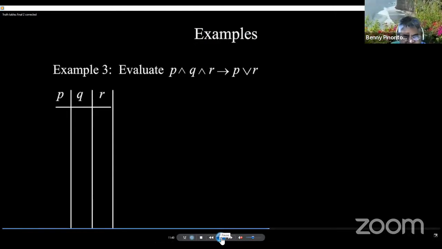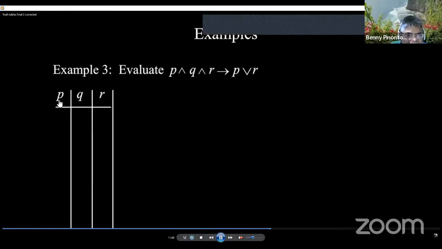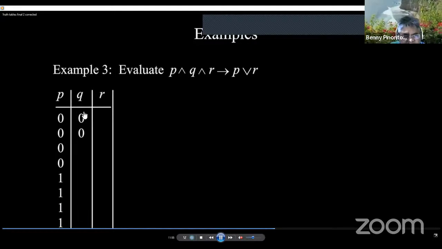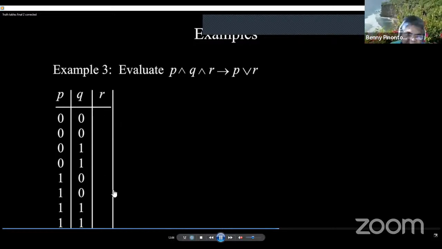So here you have to put, systematically, for P, all 0s and then all 1s: four 0s and four 1s. And then for Q, you have alternating two 0s, two 1s, two 0s, and two 1s. And then for R, you have 0 1 0 1 0 1, and so on.